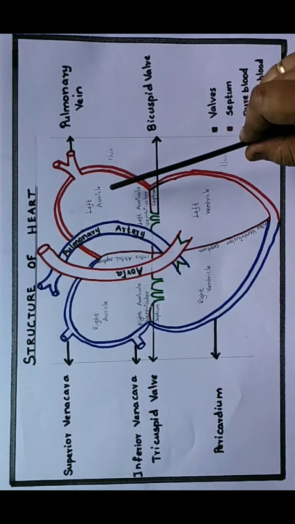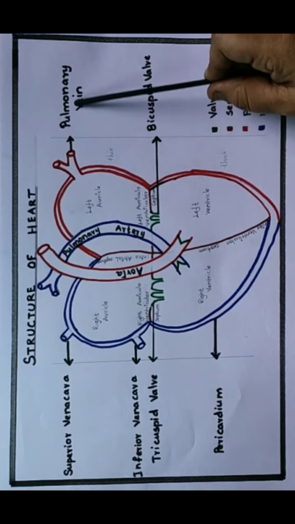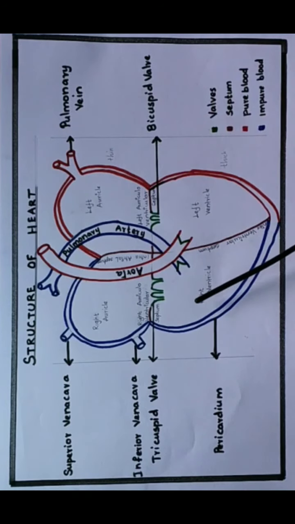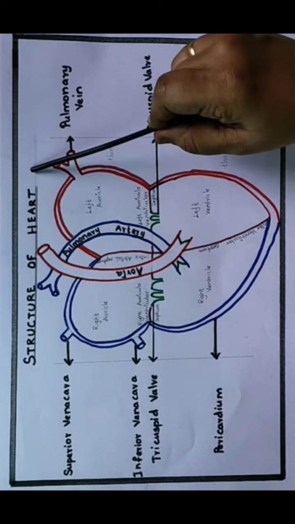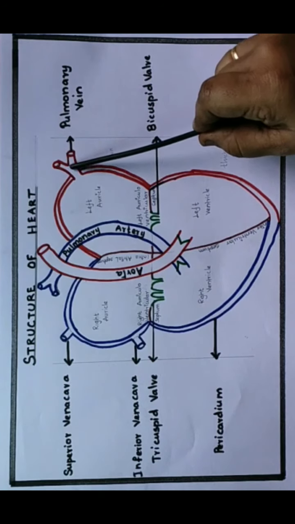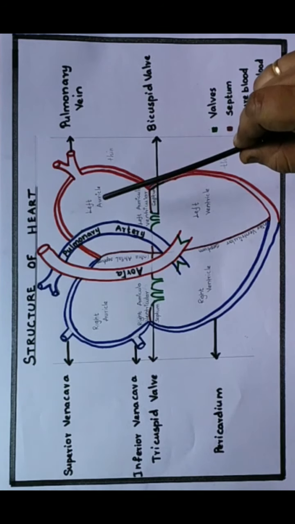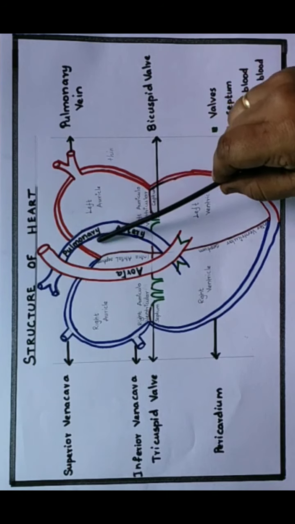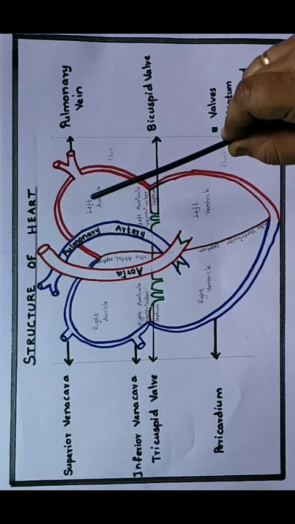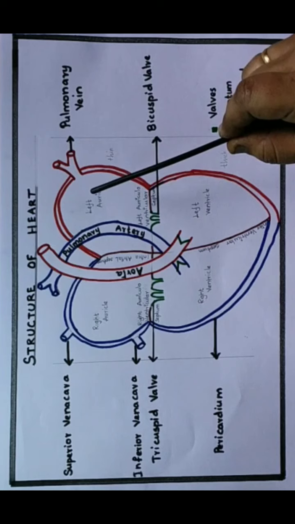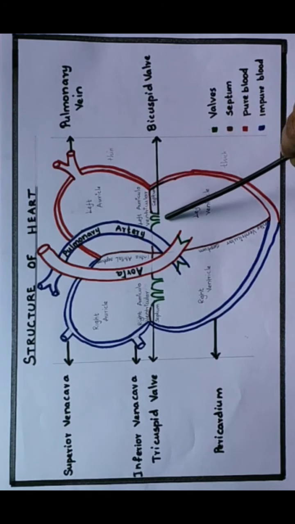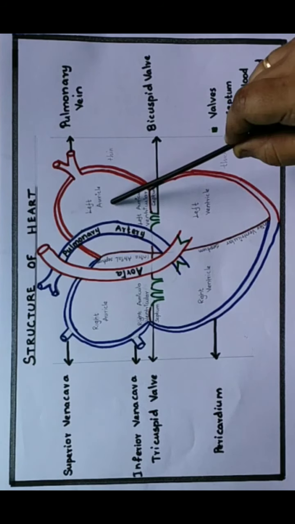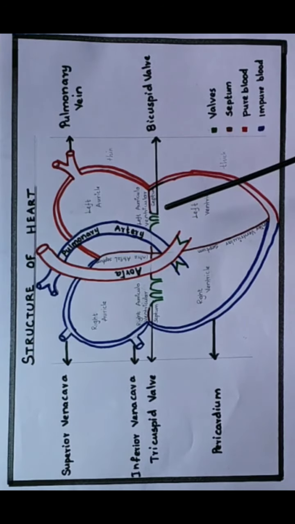Usually, veins carry only the impure blood except pulmonary vein. So, this pulmonary vein alone brings back the purified blood to the heart. And that purified blood is getting filled in the left auricle. And then the purified blood from the left auricle is pushed to the left ventricle through the bicuspid valve, otherwise the mitral valve.